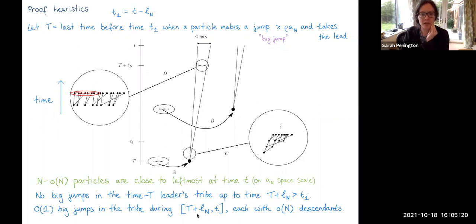And then from time t plus ln up to t, there are only order of 1 big jumps. Each of those big jumps will only have little o of n descendants, because it's got less than time ln to grow descendants.